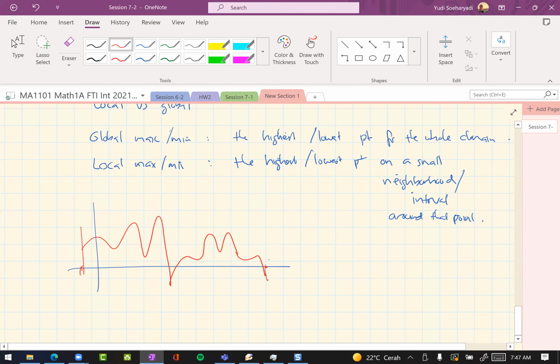So you can say, oh, this is all the local max. And actually this one is also the global max or absolute max.